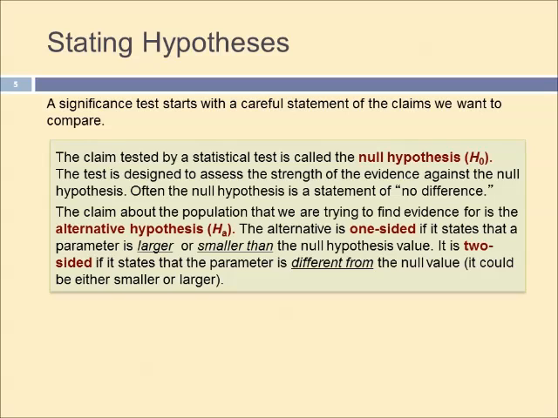The claim about the population we are trying to find evidence for is the alternative hypothesis, indicated H sub A. The alternative is one-sided if it states that a parameter is larger or smaller than the null hypothesis value. It is two-sided if it states that the parameter is simply different from the null value.